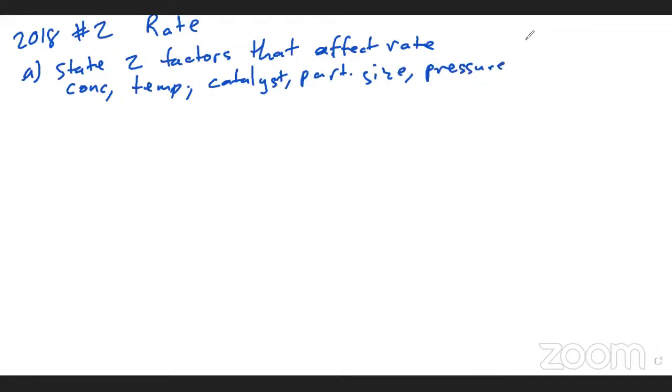So the next question, we get a table. I am not going to do all of the table. For part B, we have this reaction: hydrogen with 2NO gives H2O plus N2, which is a gas.